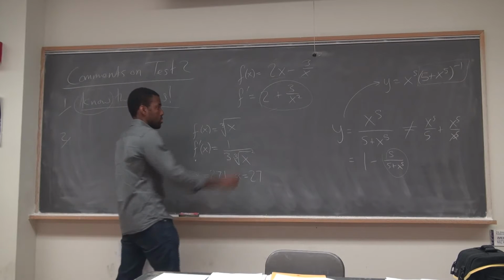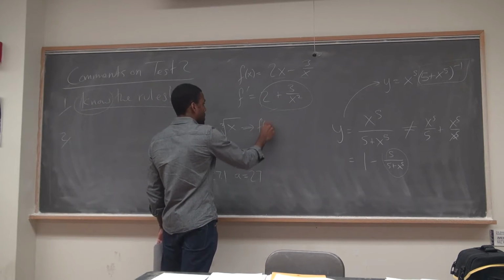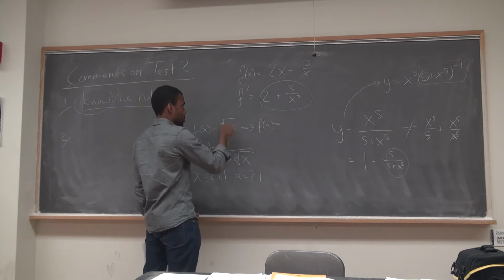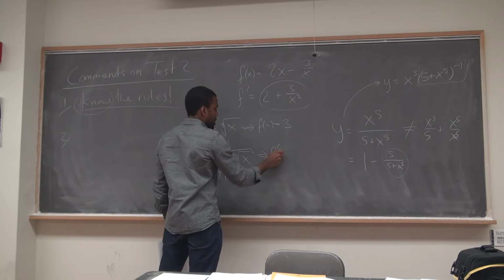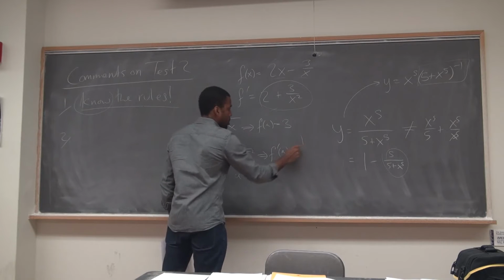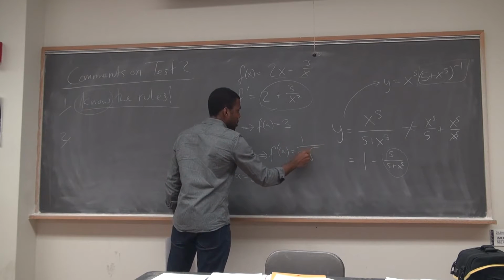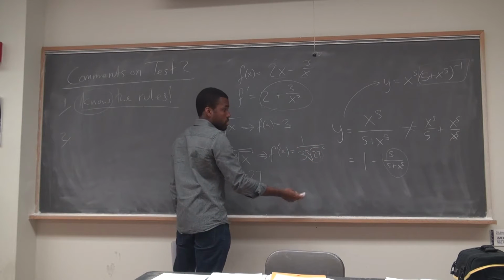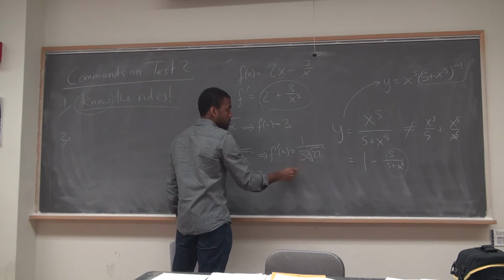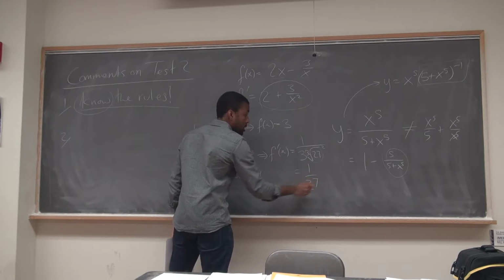So here your f of a will give you 27. You put in here, you get 3, and here you have your f prime of a. You have 1 over 3 times the cube root of 27 squared. The cube root of 27 is 3. 3 squared is 9. 9 times 3 is 27, so that's just 1 over 27.